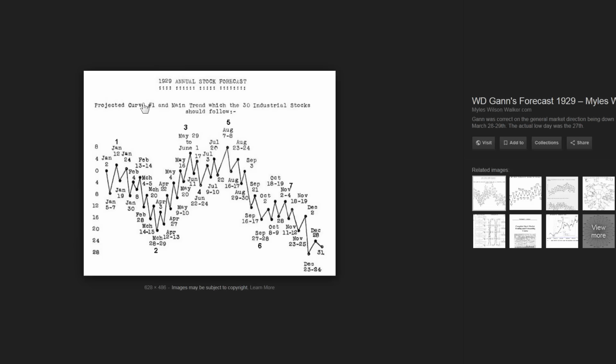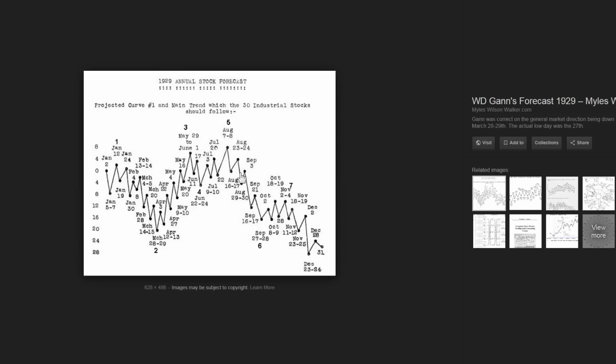This is projected curve number 1, the main trend which the 30 industrial stocks, or basically the Dow Jones Industrial Average, should follow, is what Gann was expecting at the end of 1928 when he released this. He expected the high to be on August 7th or 8th.